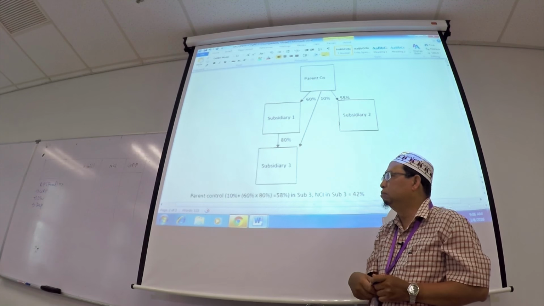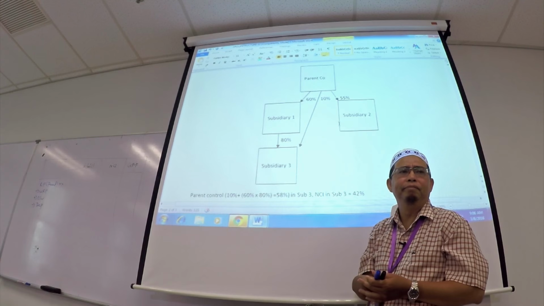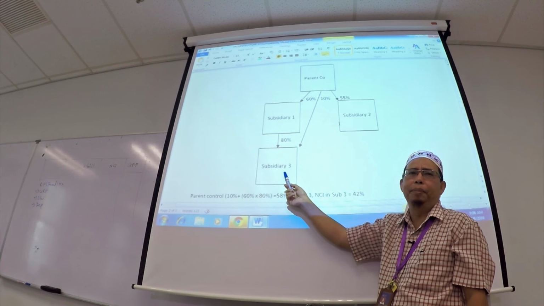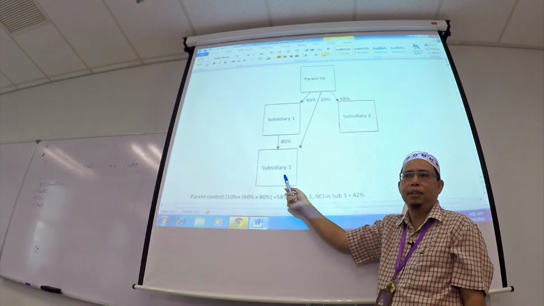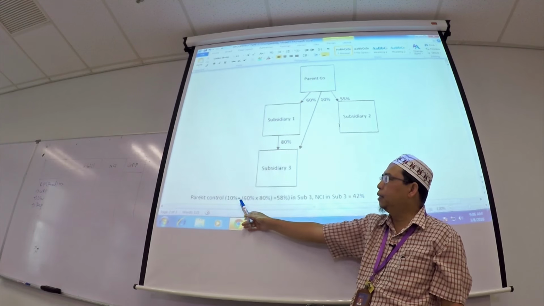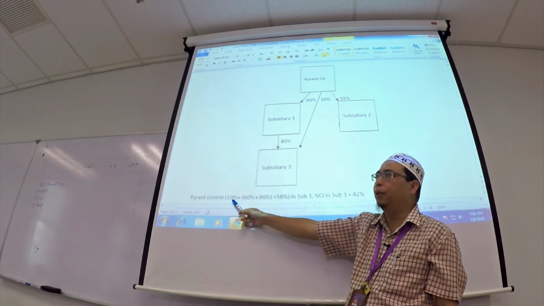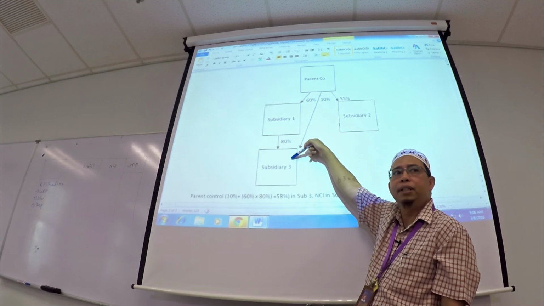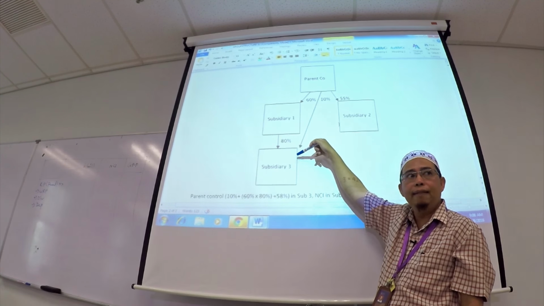Okay, now the same problem here at subsidiary 3. What is the parent control of subsidiary 3? This is how you calculate it. Parent control of subsidiary 3 is 10%. Always start with the direct one. This is called direct control, because the parent directly purchases shares in subsidiary 3.